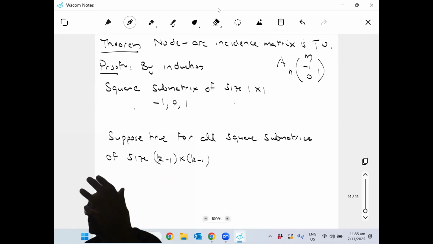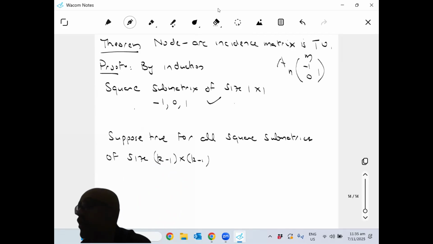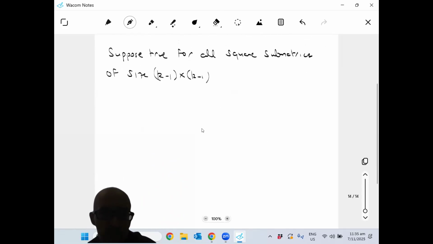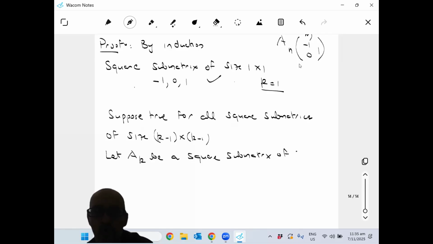The determinant of a single entry is just the entry itself, so it's true for k equal to 1. Let's assume it's true for all square submatrices of size k minus 1 by k minus 1. Now take a square submatrix of size k by k. Let AK be a square submatrix of A of size k by k.